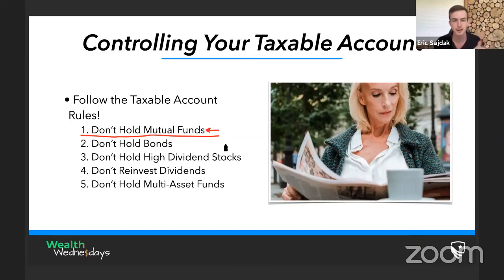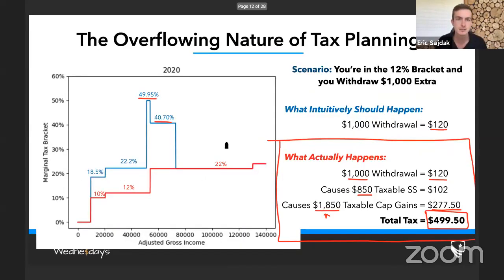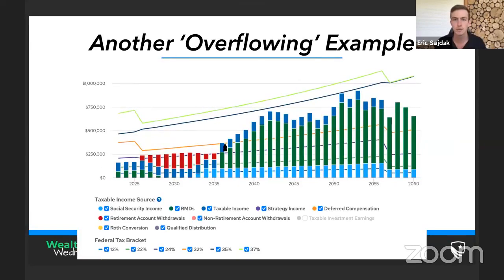This slide I think actually should have been slightly later in the presentation, but let's talk about another overflowing example here that can translate to this capital gain issue. Okay, many of you have seen this type of tax graph that we've had in certain presentations. Notice early in retirement, they're in some lower tax brackets.